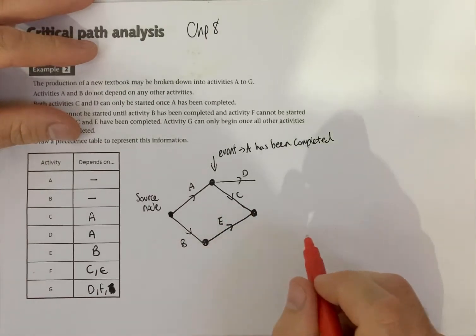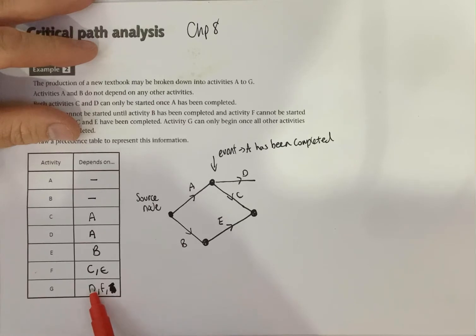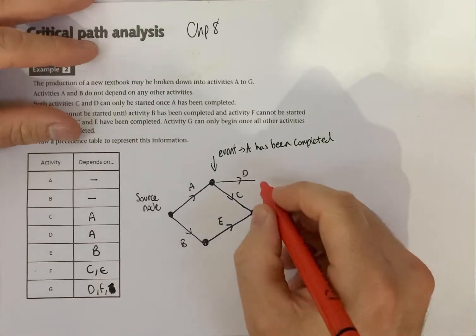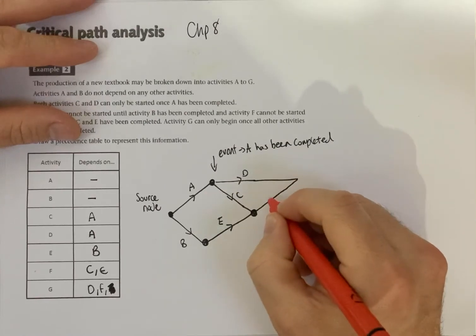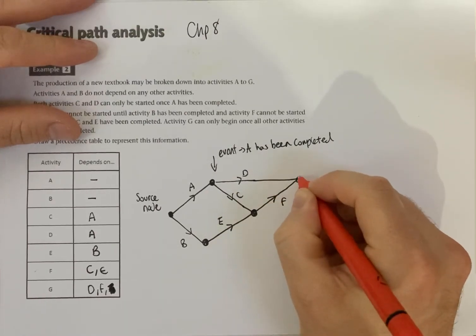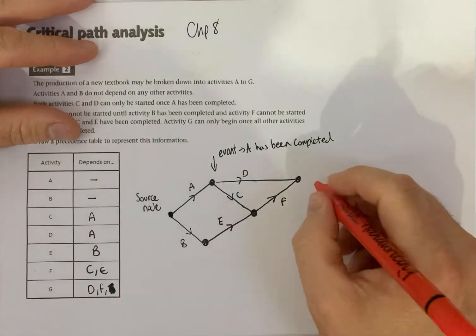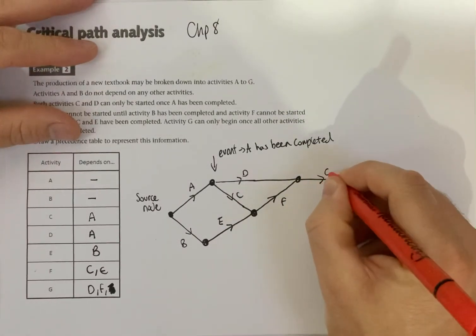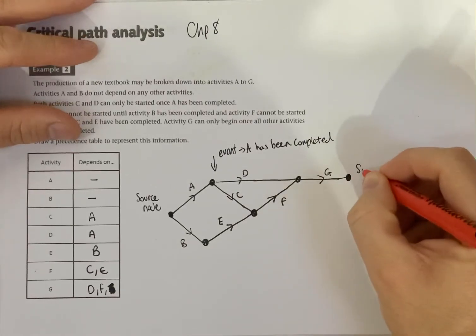So then we can get cracking on with F, and then you'll notice that G is that D and F have been completed, so we need D and F to come together. So this event now is that D and F have been completed, in which case you can get cracking on with G, and you must end your project with what's called the sink node.